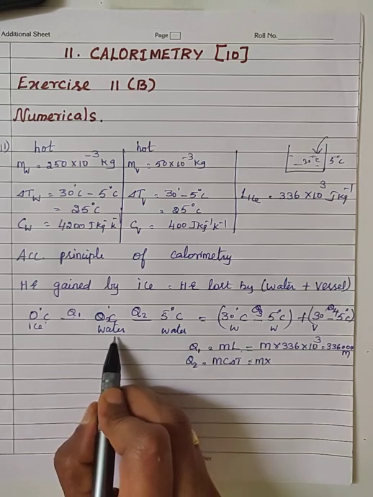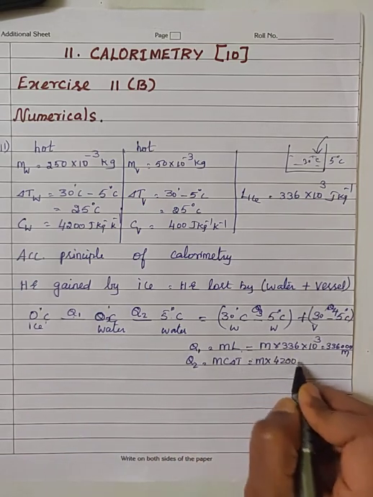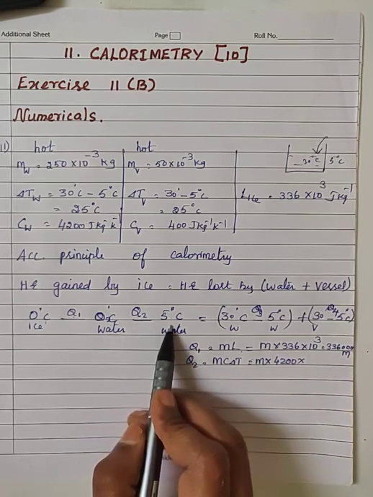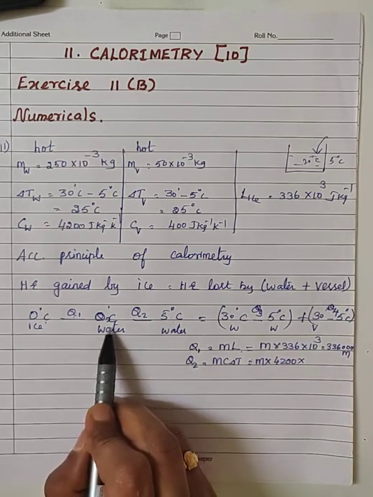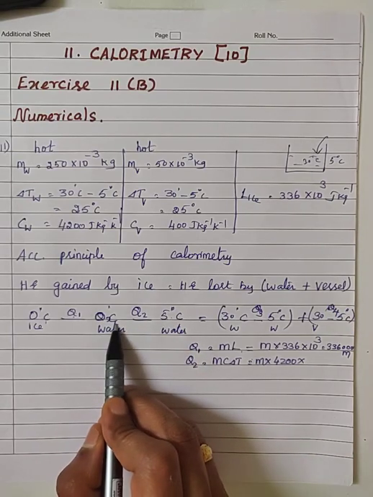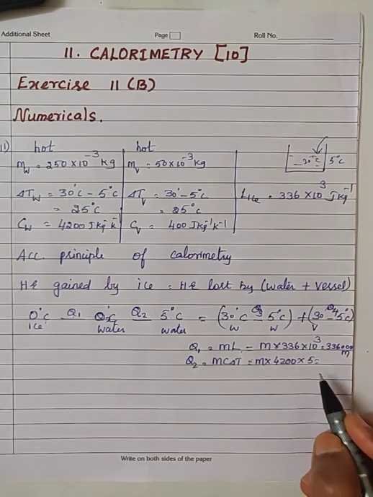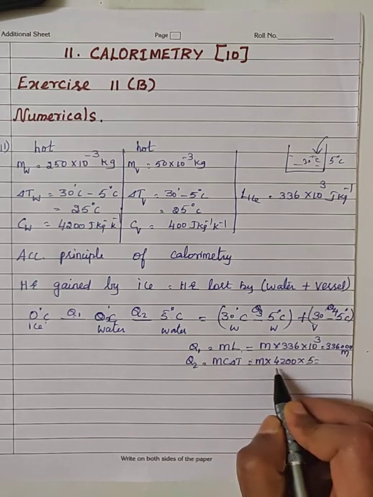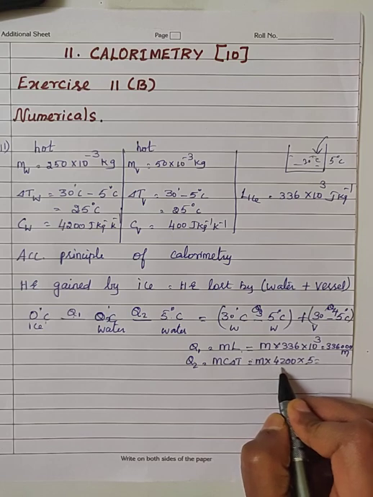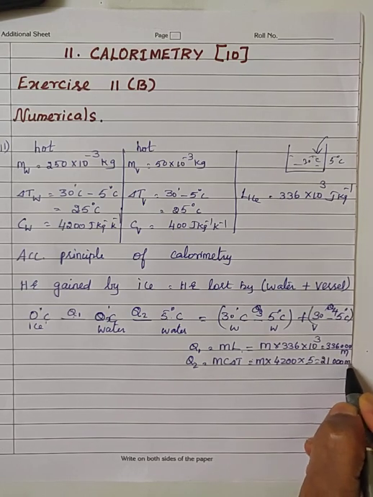C represents the specific heat capacity of water. The specific heat capacity of water is 4200. The change in temperature is 5 minus 0 because of increase in temperature, so final temperature minus initial temperature. 5 minus 0 is 5. So on multiplication we will be getting 5 into 4200, which is equal to 21,000 m.